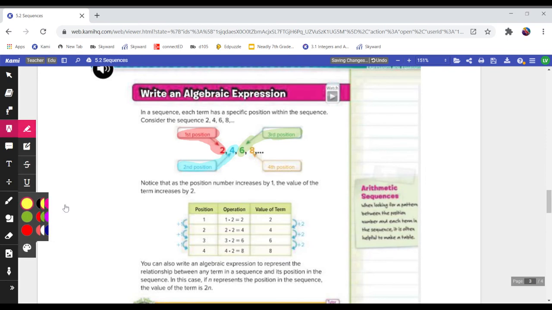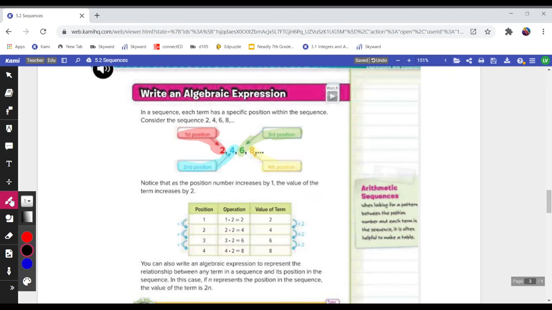And lastly, the fourth position is number 8. Notice that as the position number increases by 1, the value of the term increases by 2. As a reminder, first position, second position, third position, fourth position. So when they're saying the position number increases by 1, it's referring to position 1, 2, 3, and 4. But the value of the term increases by 2. So 2 to 4, 4 to 6, 6 to 8, we're adding 2 each time.